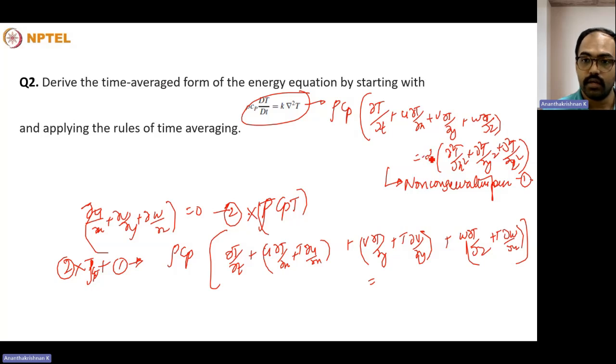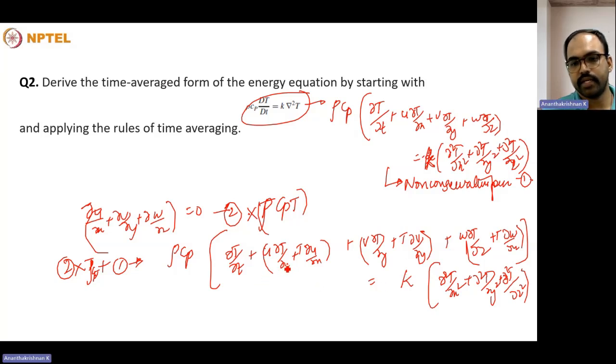Beg pardon, there is a small correction. This is k. So k times (∂²T/∂x² plus ∂²T/∂y² plus ∂²T/∂z²). We can represent the left hand side in terms of the flux, that is in the conservative form. In order to identify the conservative form, we can easily say that this will be the net flux form, where the coefficients of this term will not be a variable present inside the derivative.